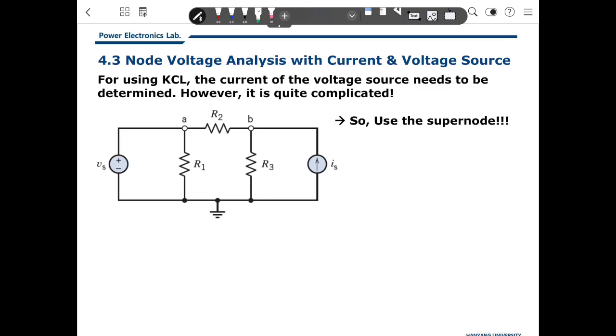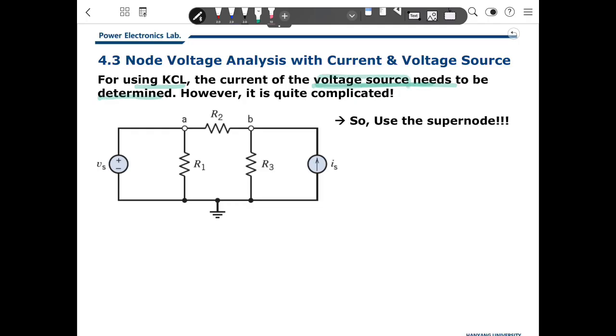Next is a little different. That means there are different kinds of source, current and voltage. For using KCL, the current of the voltage source needs to be determined.